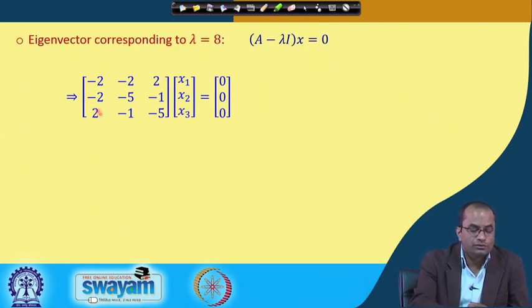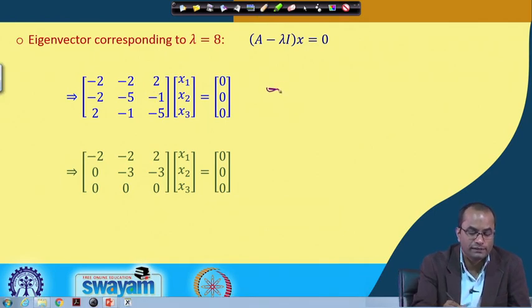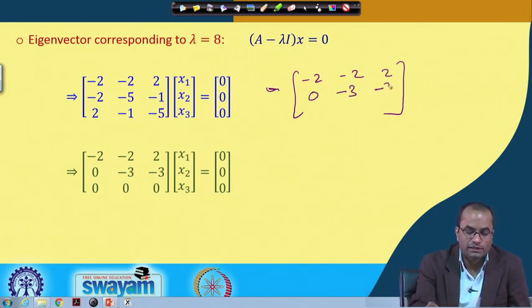So, we can reduce this matrix to echelon form. The first row stays as it is, and then here we can subtract. So, this will be 0, when we subtract it will be minus 3, and this is minus 3, and here also we can add in the first step. So, in the first step we get minus 2, 2, and then here we have 0, and then minus 3 and minus 3.